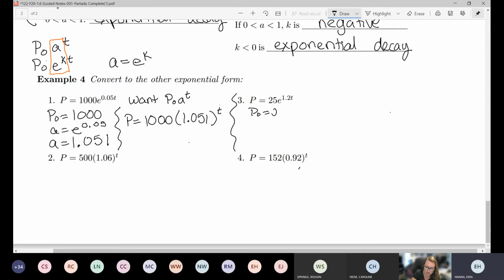Again, p naught doesn't change. You can just let p naught stay p naught. But then we use this relationship that we're letting the a value be equal to whatever e to the k is equal to. Since we have e to the k here, we just have to punch that into our calculator.